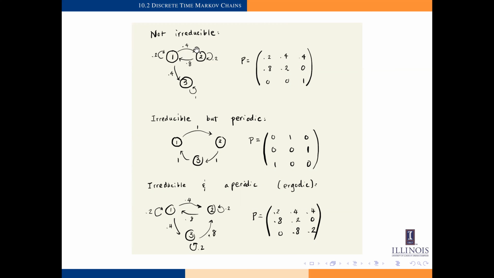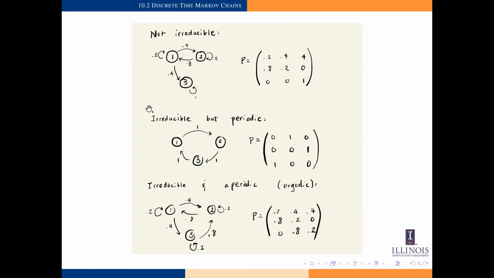The arrows between the states describe the transition probability from one state to another. For example, given that you're currently in state 1, there is a 40% chance you will go to state 2 at the next time point. There is a 20% chance you will stay in state 1, and there's a 40% chance that you go into state 3.